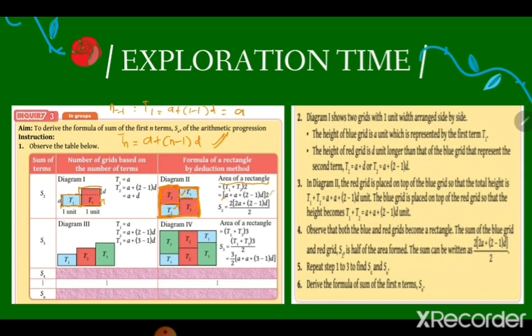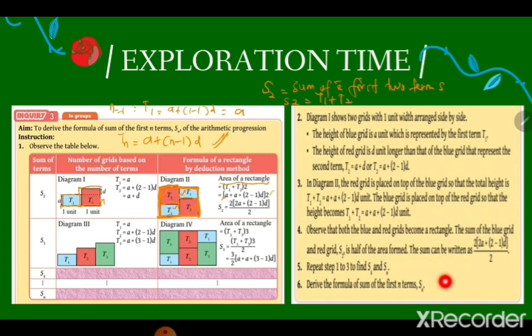So again, what is S2? S2 is actually the sum of the first two terms, or I can also say that S2 is T1 plus T2.